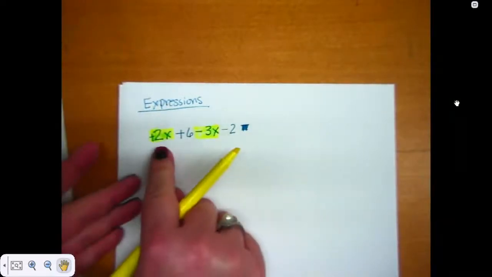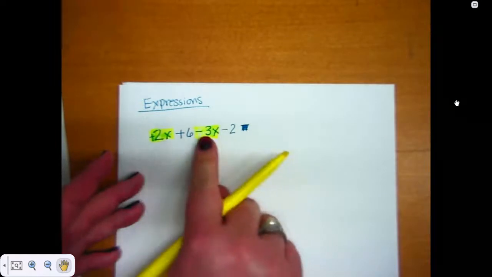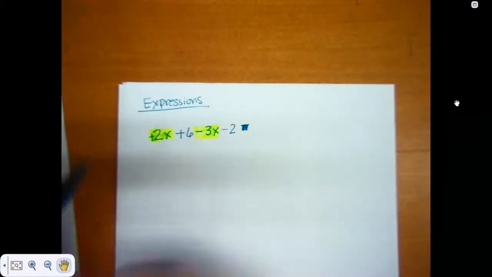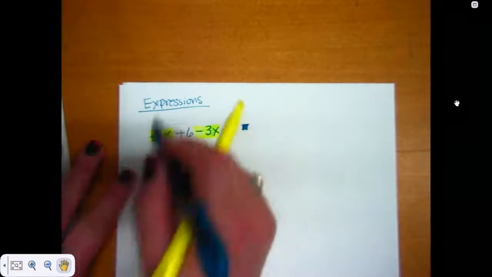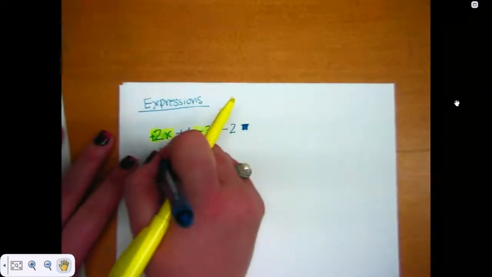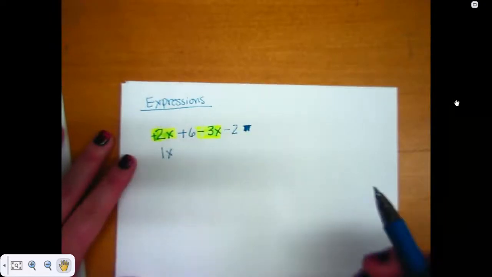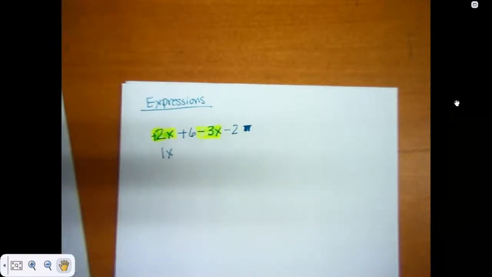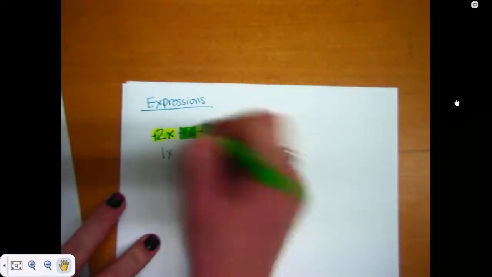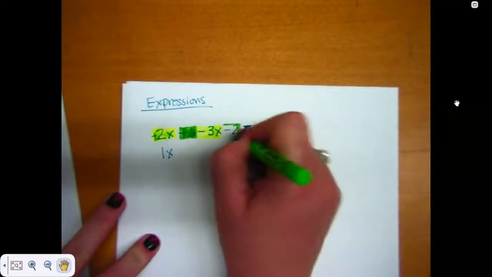So if I have positive 2x and negative 3x, then I can combine those and get negative 1x. Now I see two other terms that are alike. I see a positive 6, just regular numbers, and a negative 2.